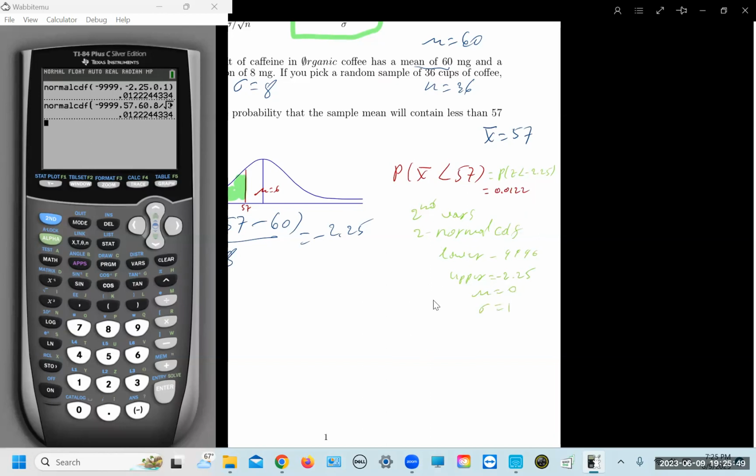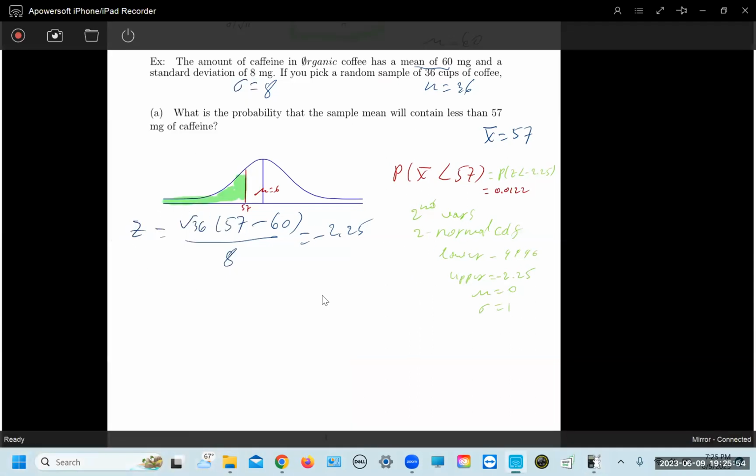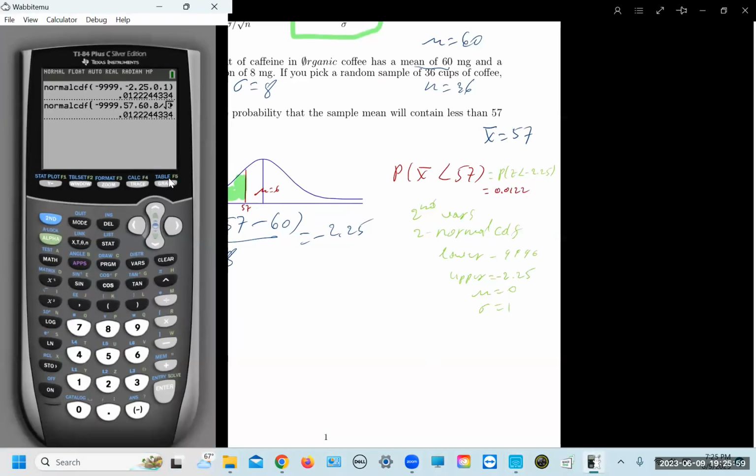Or for another case, if you don't want to use this Z, you can use the value directly, but this one is a little tricky. Let me clear this. Second vars again, and because we don't need the Z formula, we go with the normal CDF.